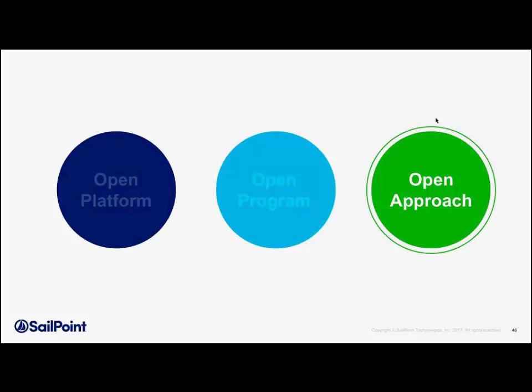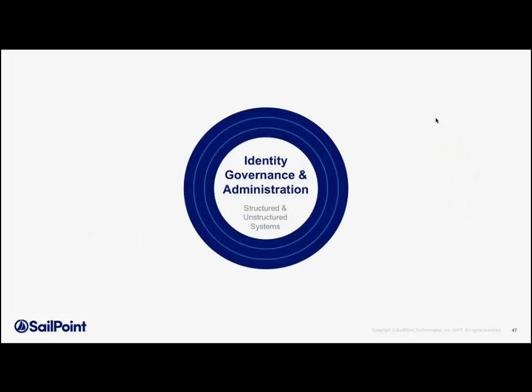Now, the third and final building block in this identity-aware infrastructure is an open approach. And this one really is a little more fuzzy, you might say, a little more touchy-feely. It really comes down to how we as a vendor think about openness, competition, and the overlaps that happen in the environment.